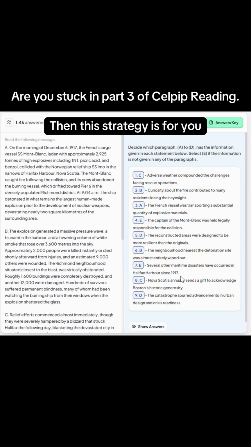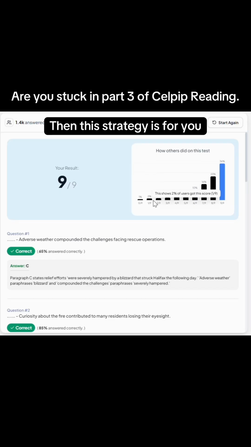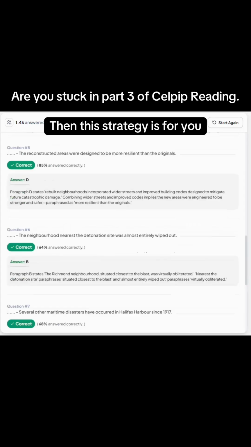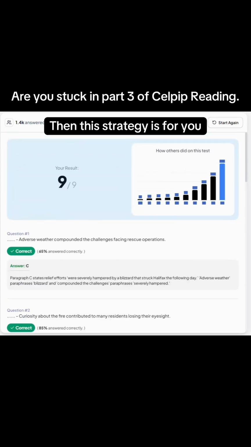For the next question that I had as not given, I picked my keyword, which is 1917. I go to where I have 1917, run through the paragraph, and I see that nothing like that said what is in the question. So I left it as not given, and then I submitted, and this is what I have. And for every question, I apply this strategy. I always have 8/9 or 9/9.